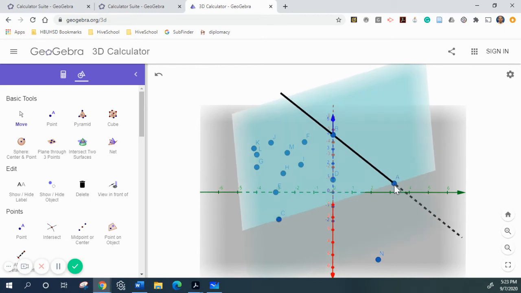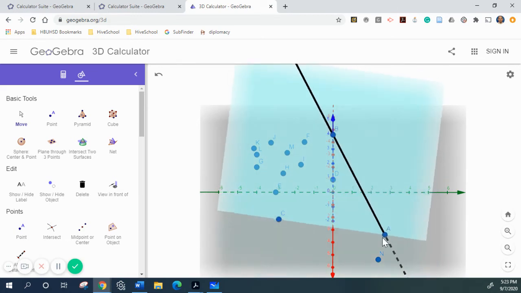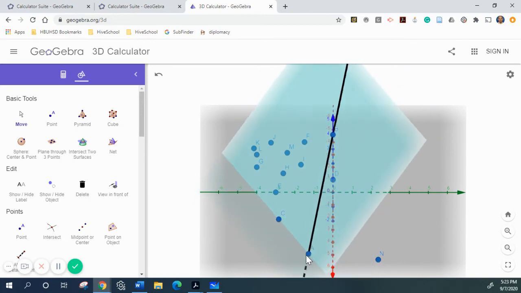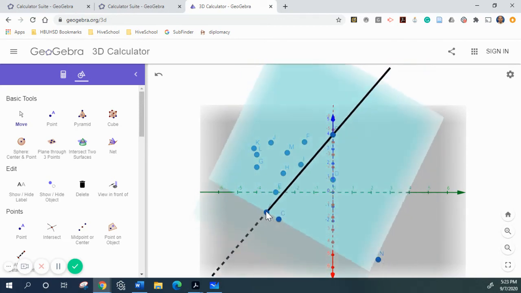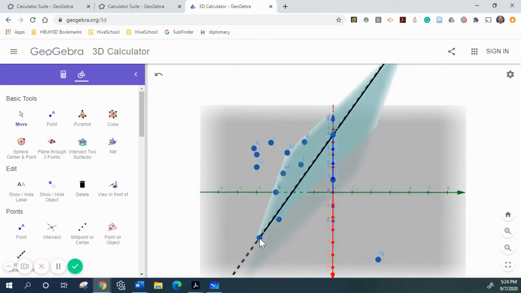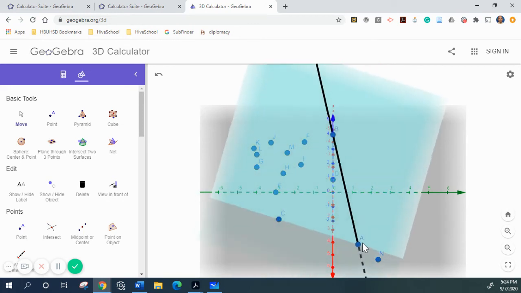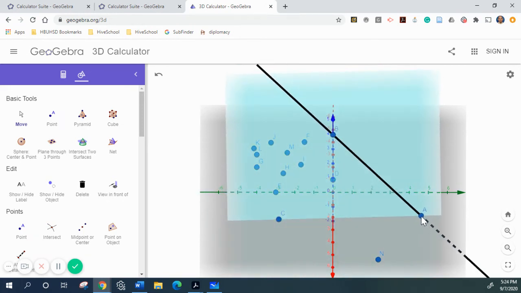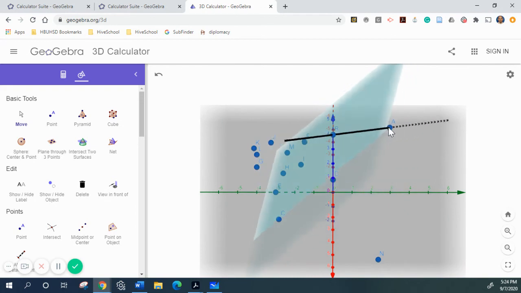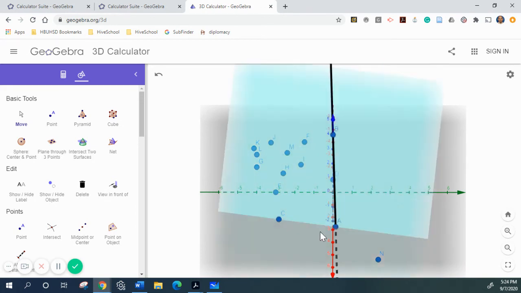if I try to move point A, notice how not only does the plane move with it, but the line is still in that plane. So if the line is attached to it, every single point that is on that line is now in that plane.